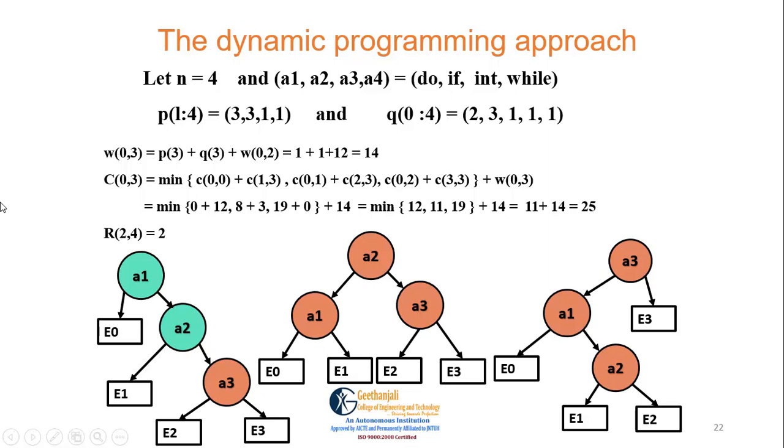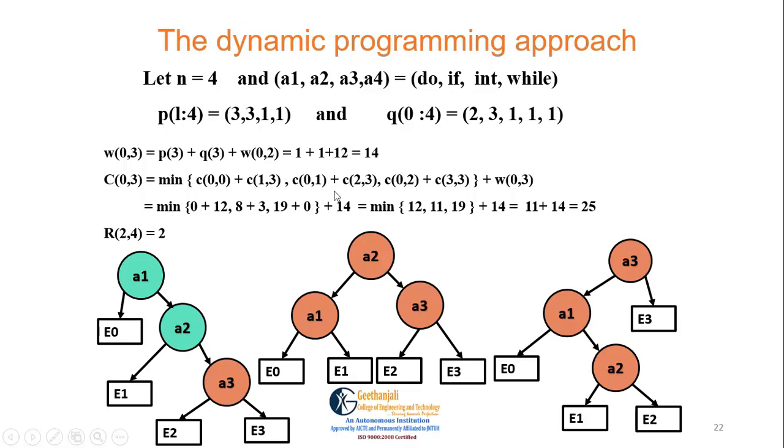If I select A1 as a root element, the right subtree contains A2 and A3. So it is again directly a formula. C of 0 comma 3 is equal to the minimum of, if I select A1 as a root element, I am getting C of 0 comma 0 plus C of 1 comma 3. That is the first tree.